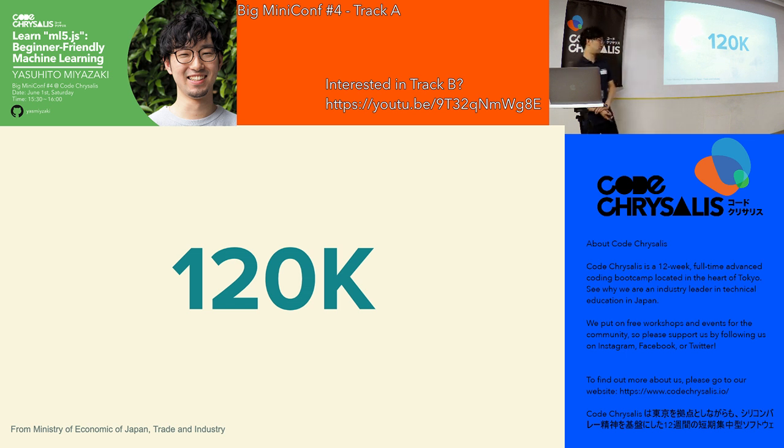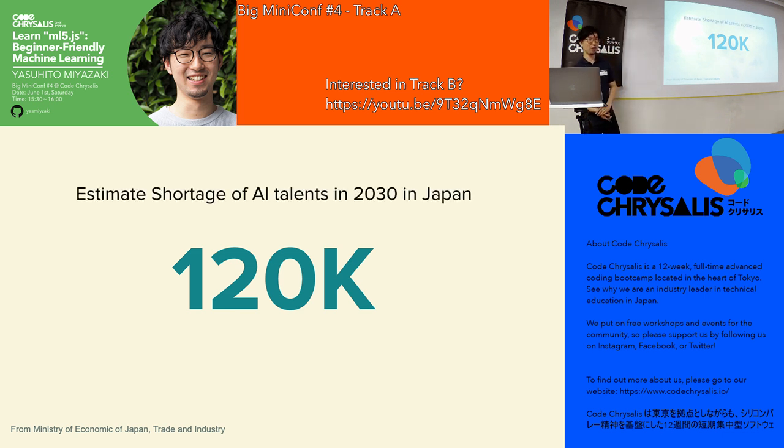This number is from the Ministry of Economy in Japan. This is not the salary of a junior machine learning developer. This is the estimated shortage of AI talent in 2030 in Japan. So if you are a programmer interested in machine learning, it might be a good opportunity to start learning machine learning.